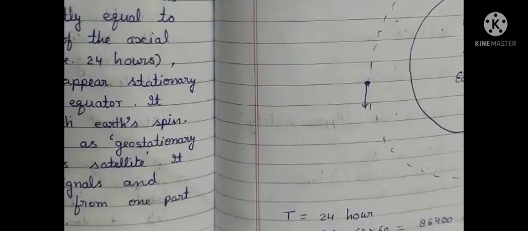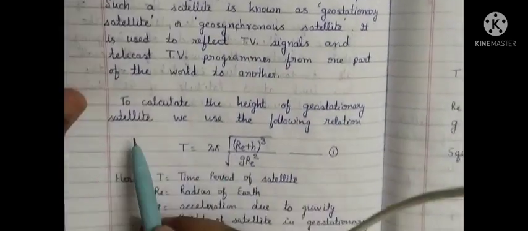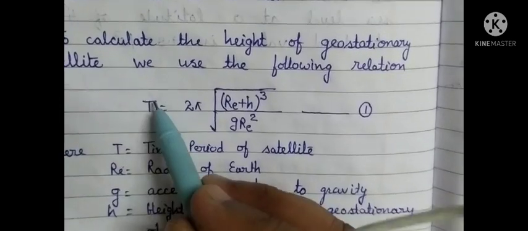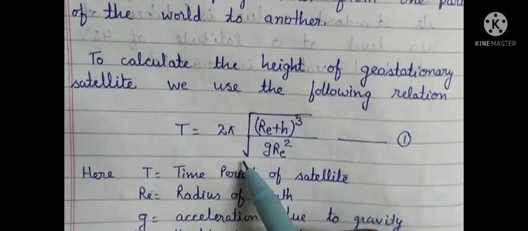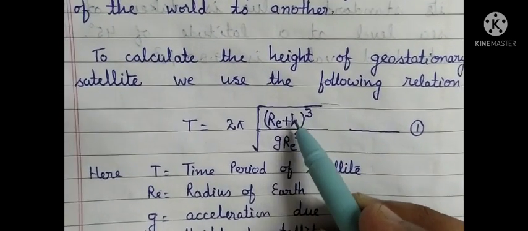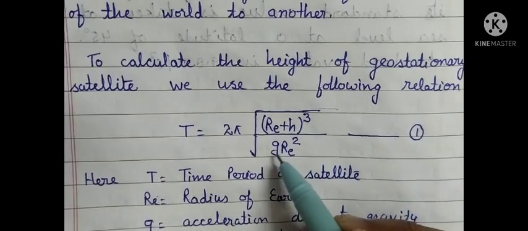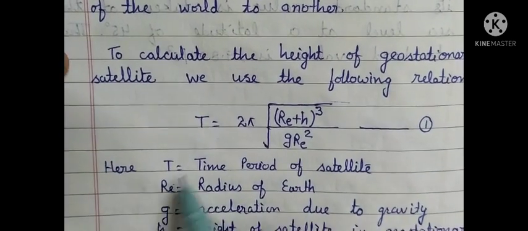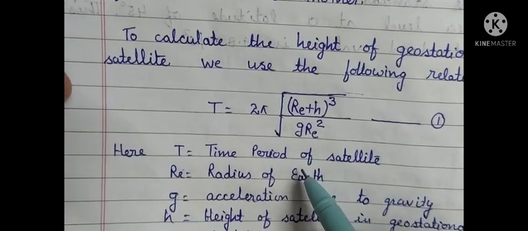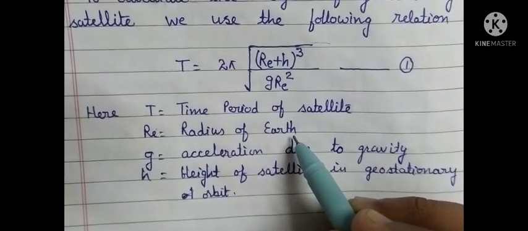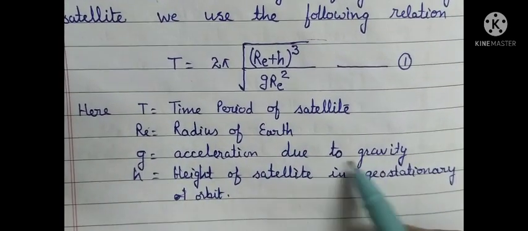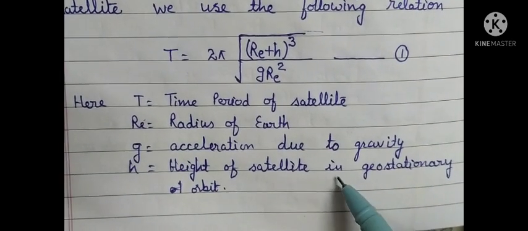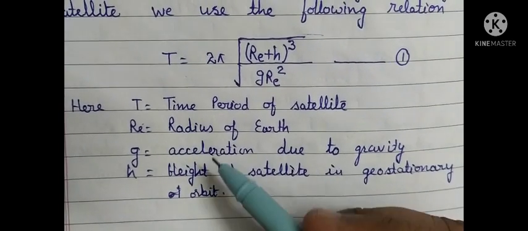Now, to calculate the height of geostationary satellite, we use the following relation. Time period T is equal to 2 pi under root (RE plus H) whole cube divided by G RE square. In this equation, T is the time period of the satellite, RE is the radius of the Earth, G is acceleration due to gravity, and H is height of satellite in geostationary orbit.